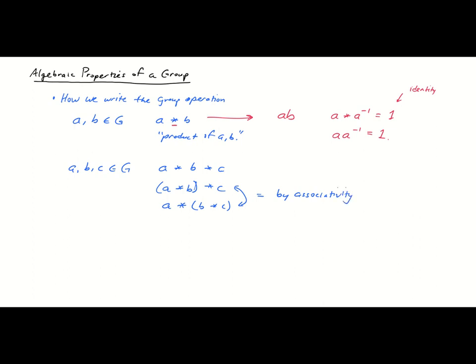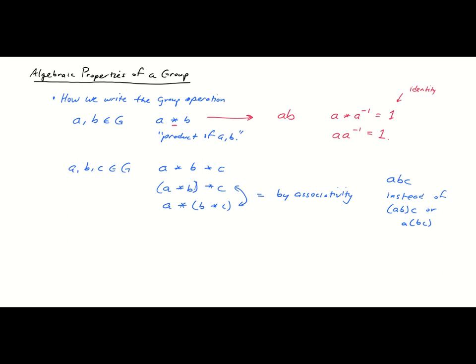So it's actually quite common to write an expression like this instead of parentheses AB times C or A times parentheses BC. And we can get away with this because both of these are known to be the same thing by associativity. So a lot of the time I will simply write this. Okay, so those are a couple of things about just how we write the group operation.